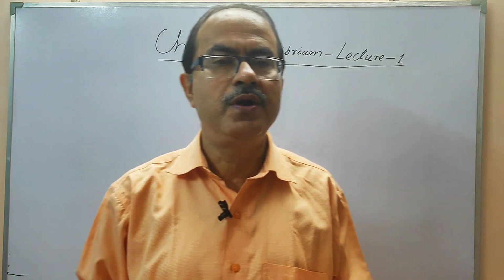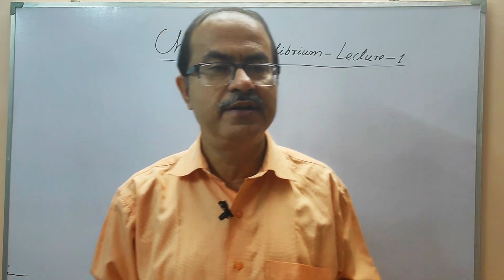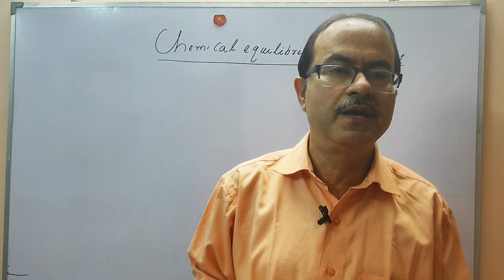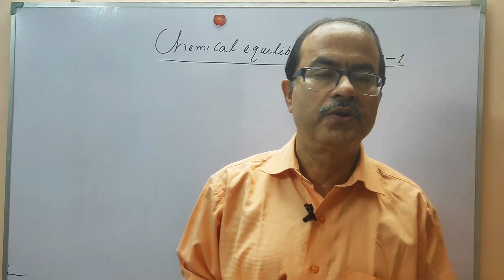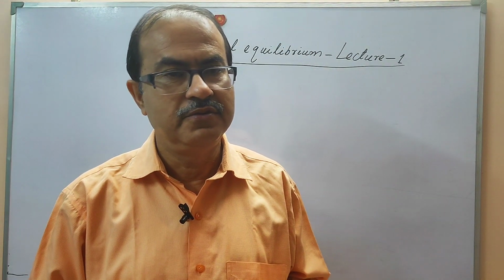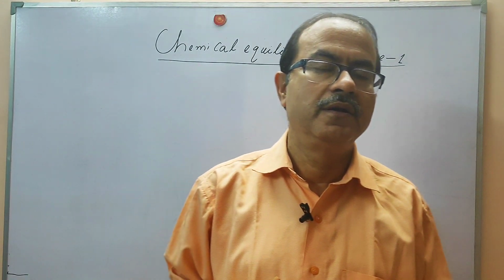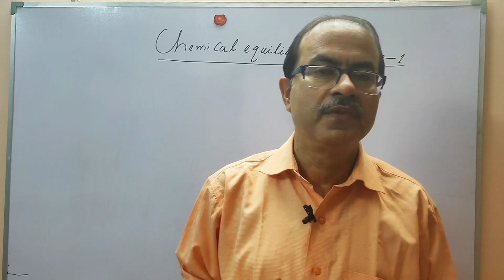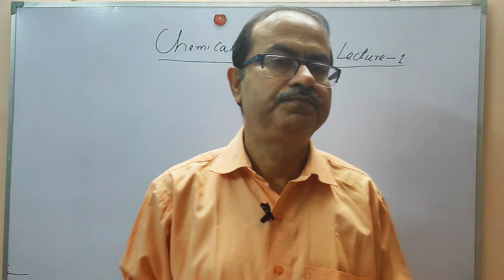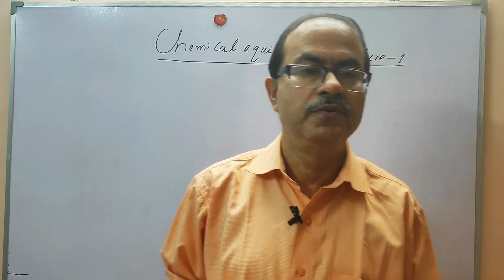From this lecture onwards, we are going to discuss the different aspects of chemical equilibrium in your class 11 chapter, and the different things we will learn will be based on the NCERT book.